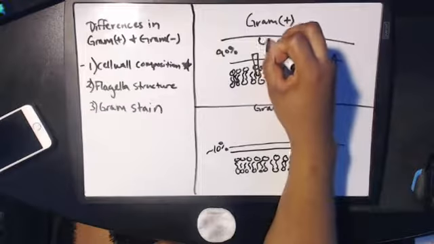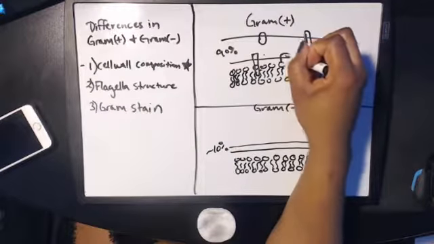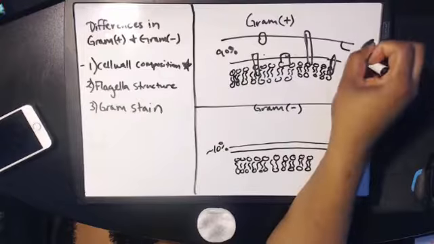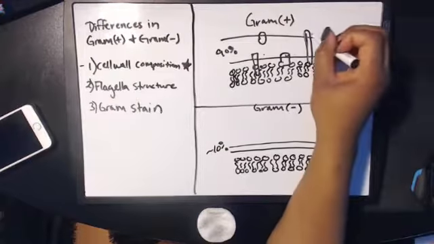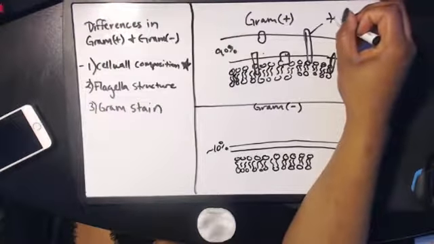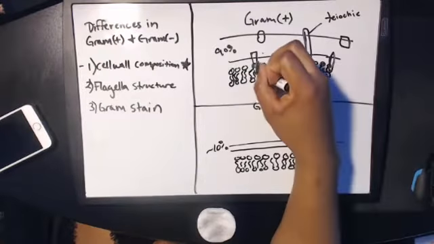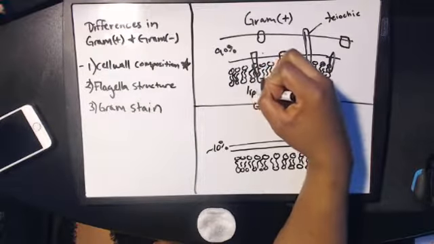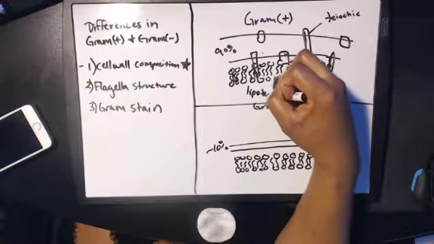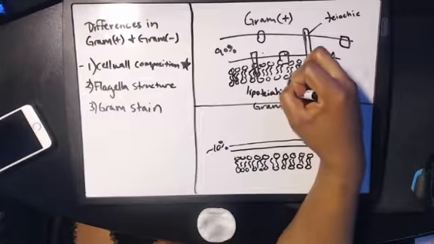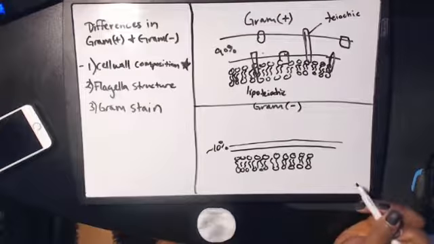Then we have wall-associated proteins used for cellular functions. So this is teichoic. And this is lipoteichoic. Oh, I might have not spelled that right.